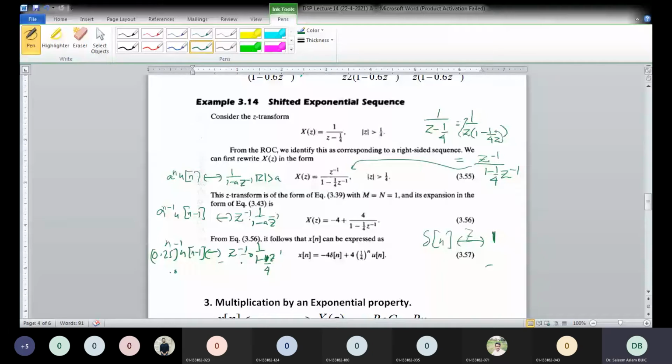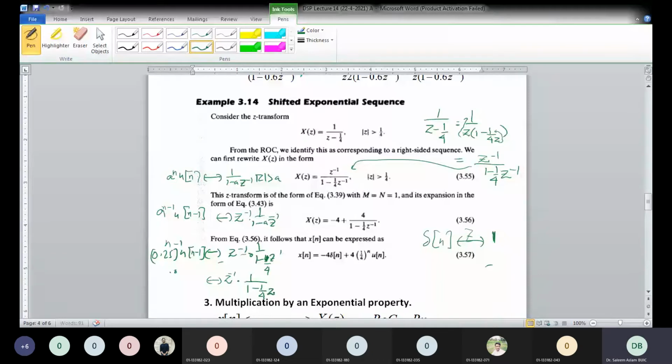So you can write, you have z inverse dot 1 over 1 minus 1 by 4 z inverse.